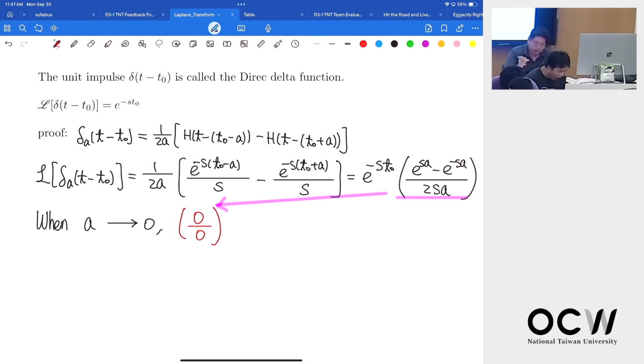Since it is 0 divided by 0, from calculus we can use L'Hopital's rule.